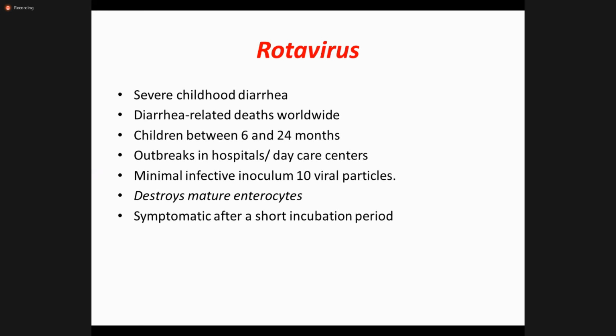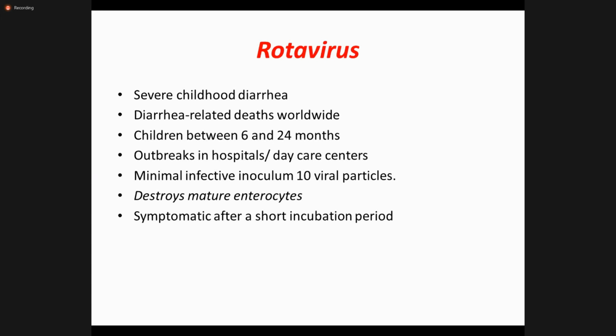Rotaviral enteritis could be a mild to severe disease characterized by nausea, vomiting, watery diarrhea, and low-grade fever. Its incubation period is about 2 days before symptoms appear. Symptoms are usually acute, as I have told you, the viral cause of diarrhea is in an acute condition.